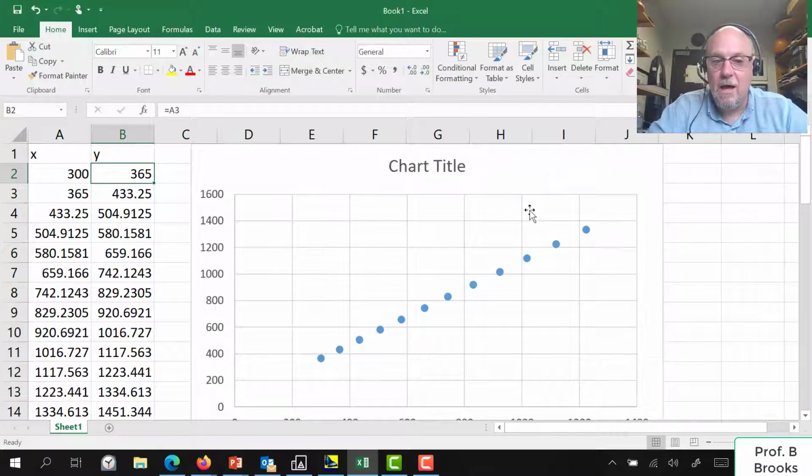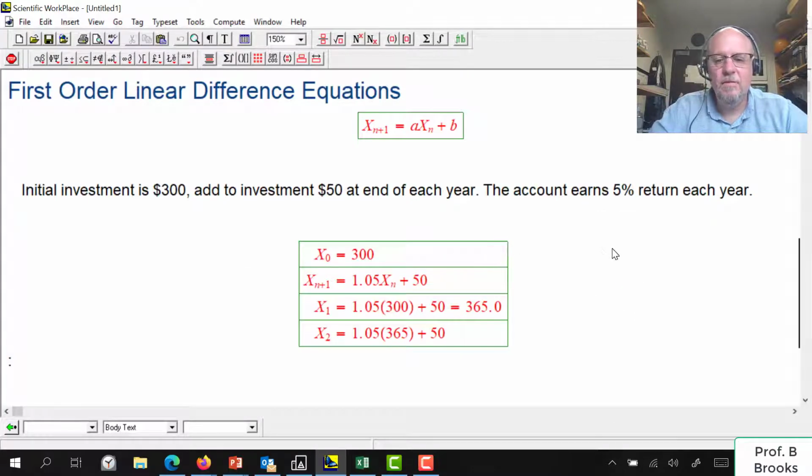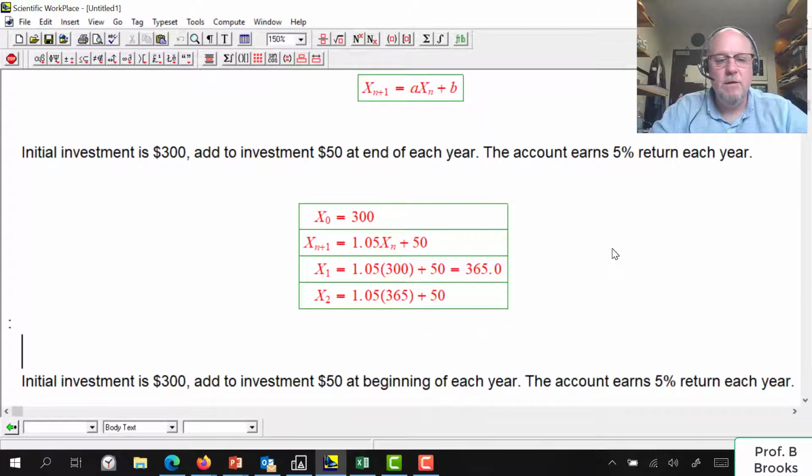The slope of that line is the 1.05, and the intercept of that line is the $50 in this case. Okay, let's go back to another example.